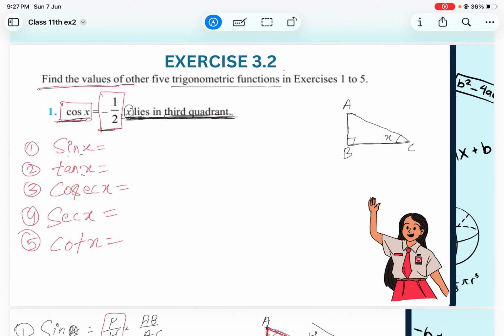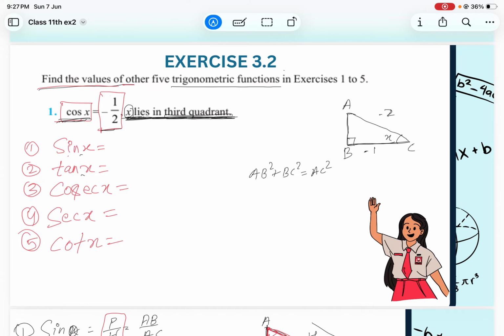So we know AB square plus BC square equal to AC square. Cos x means cos is base by hypotenuse. So base is minus 1 and hypotenuse is minus 2.